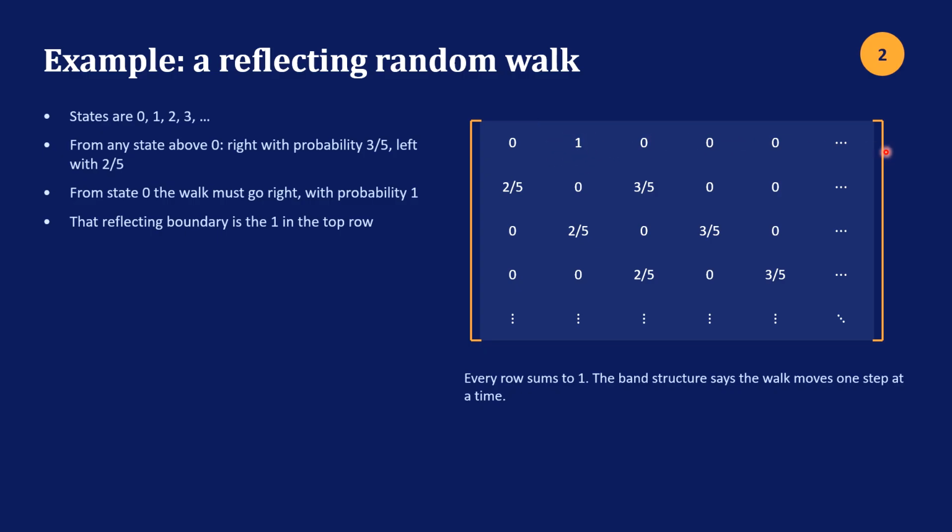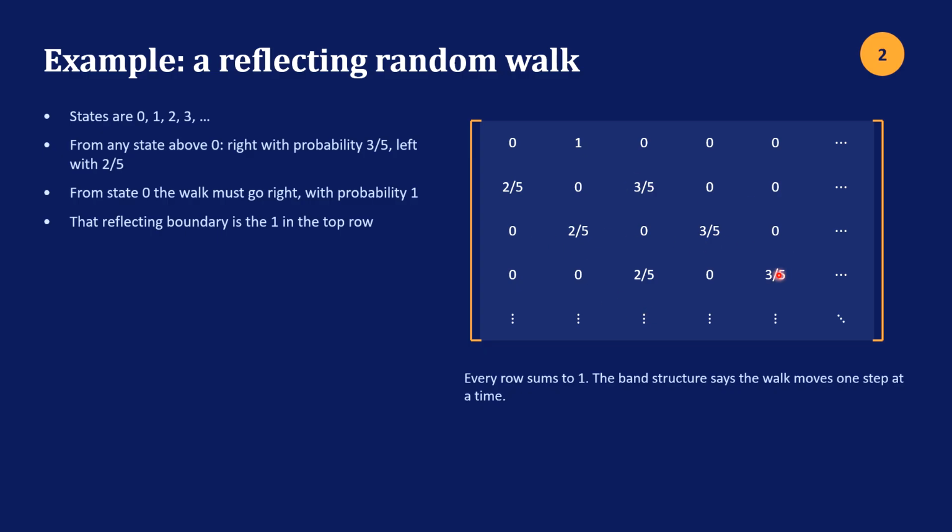The probability of going to any other state is 0. Then if you're in state 1, the probability of going back to state 0 is 2/5. There's no probability of remaining in that state, but there's a probability of 3/5 of going on to state 2.